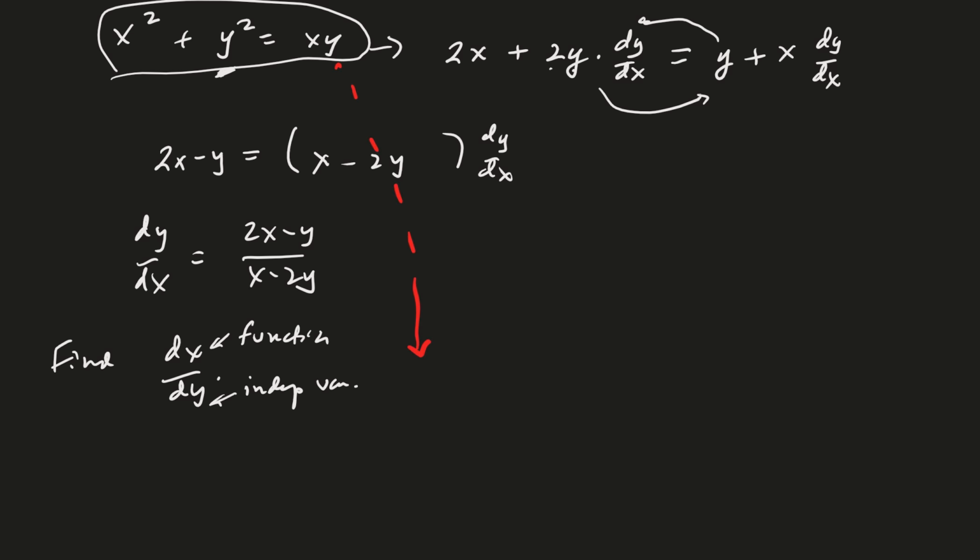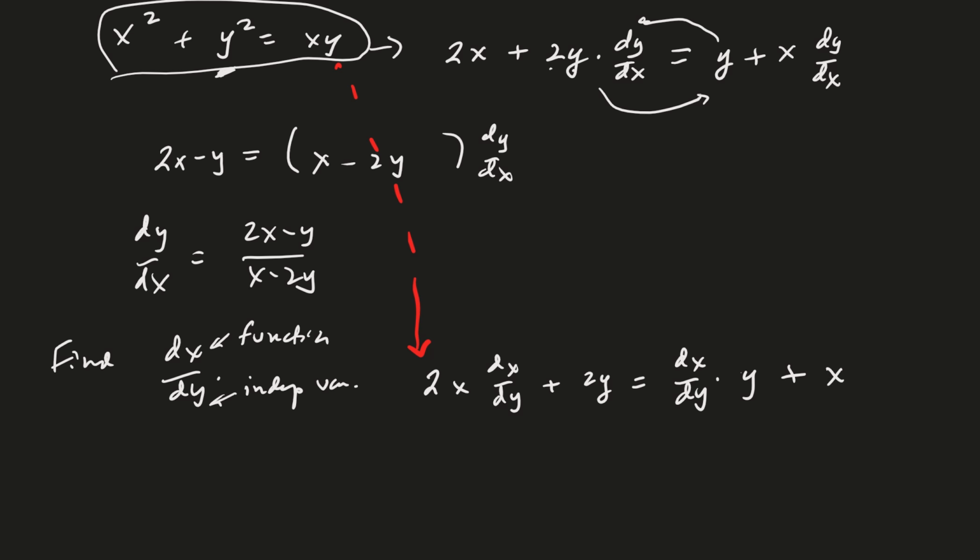Now remember, x is our function instead of y, so that would be 2x times dx over dy plus, now y is just the independent variable, so that's just going to be 2y, and then we'll have dx over dy times y plus, and then x times the derivative of y, which would just be 1. Good.